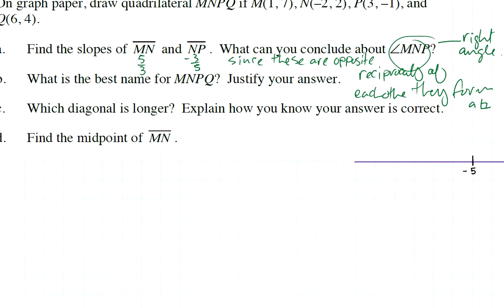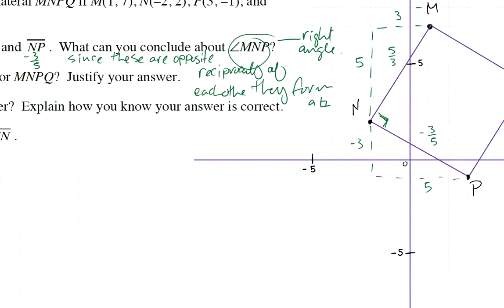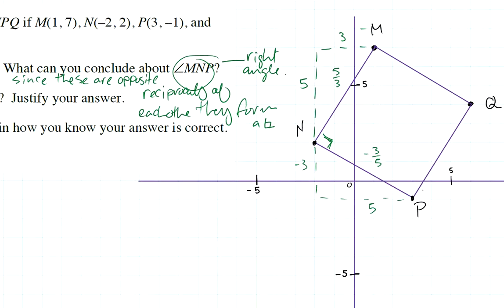Next it says, what's the best name that you could give this quadrilateral? Justify your answer. Well, let's look at some other slopes here. If I'm going from P to Q, I have a rise of 5 and a run of 3. So this has the same slope as the side opposite, so these lines are parallel to each other.